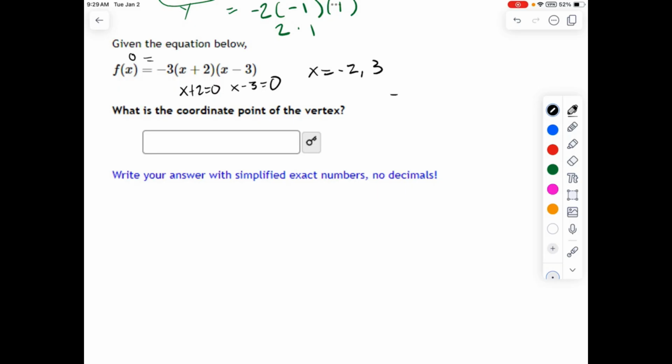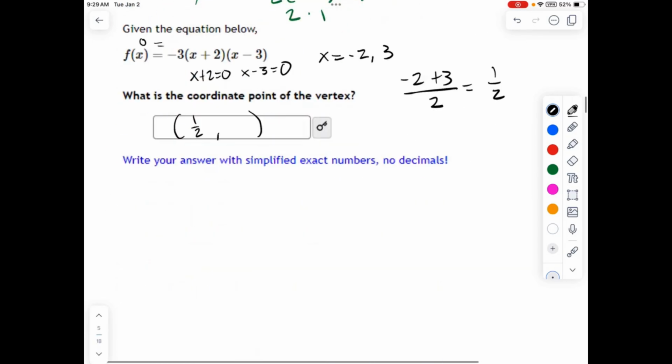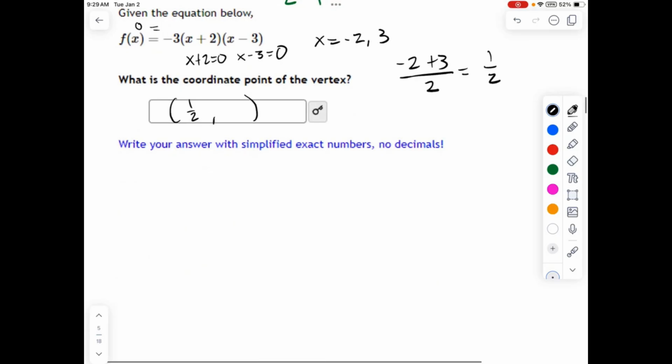When you add those together, we end up getting negative 2 plus 3 is 1, so 1/2. And you're like, oh no, it's a fraction. Okay, that's the only thing that might change about this process, is it makes it a little harder to put it in, but it's still not that bad. It's not, right? Because you go through the same idea as now you know what x is, plug in x, get out y.